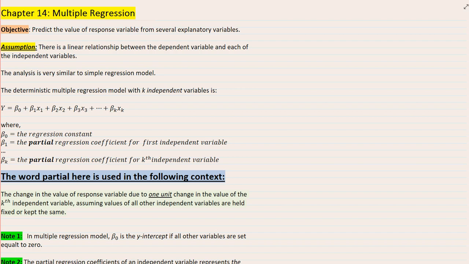Now here's an important assumption we have going in this chapter, that there has to be some kind of a linear relationship between dependent variable and each of the independent variables. So assuming that, then we can actually come up with this deterministic multiple regression model.